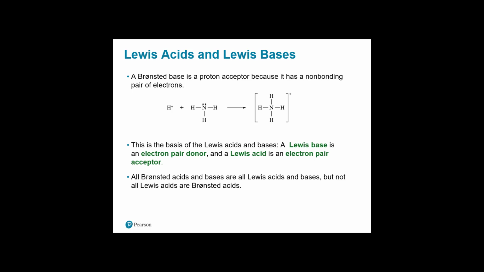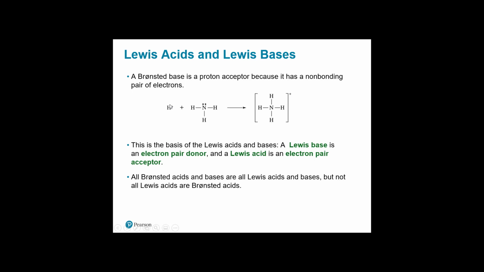A Bronsted base is a proton acceptor because it has a non-bonding pair of electrons. So if we see here, we have a non-bonding pair of electrons, which it has to have in order to be a Bronsted base, in order to accept the proton. However, a Lewis base is an electron pair donor. This is a donor, and the Lewis acid is an electron pair acceptor.